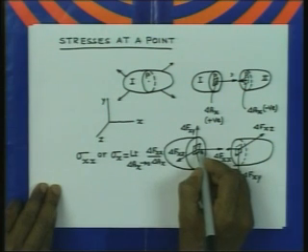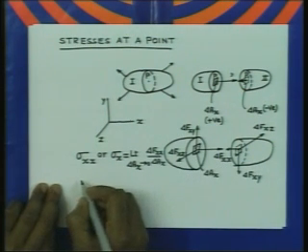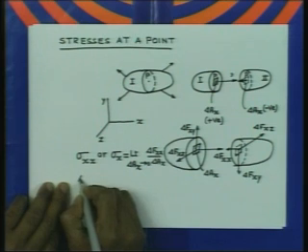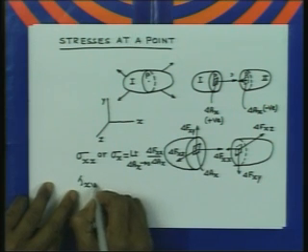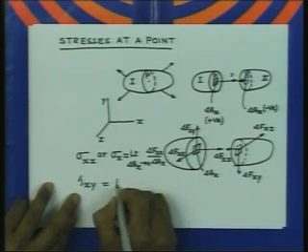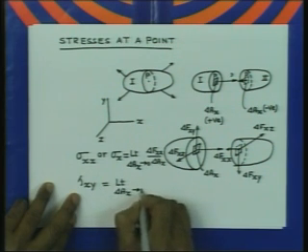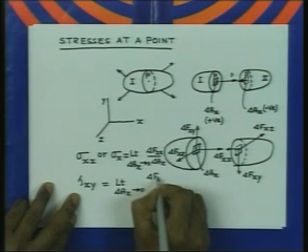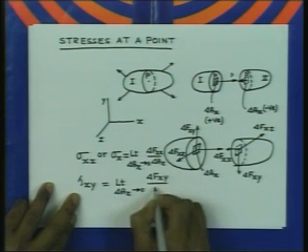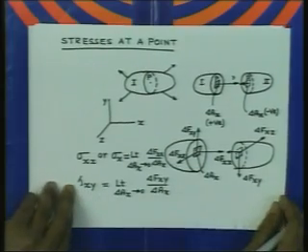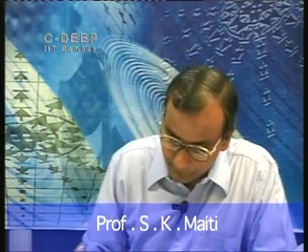Similarly, this delta Fxy can also be considered per unit area, and as delta Ax tends to 0, we get one component which is represented by tau xy, and it is given by the limit as delta Ax tends to 0 of delta Fxy divided by delta Ax. So this is tau xy, and it is acting parallel to this area, so it is a shear stress.